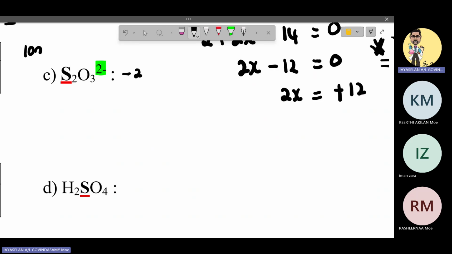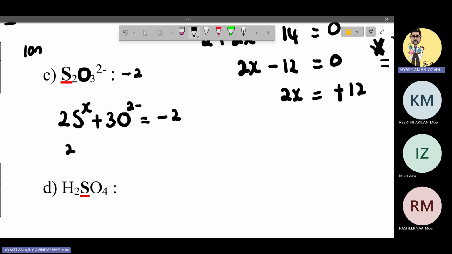Sir, I don't understand what you're talking. 2 S X, okay, you put the symbol, plus 3 O, oxide ion. What is the charge of oxide ion? 2 negative. When you sum up, take the magnitude of the charge of all ion, you put here. Okay, must put like this. This is an ion. Okay, any question?